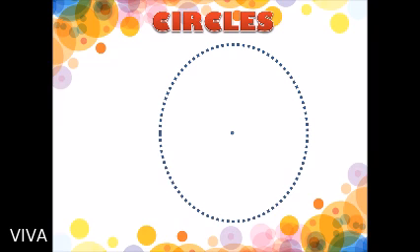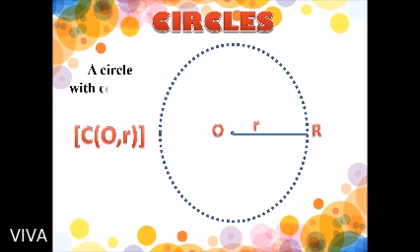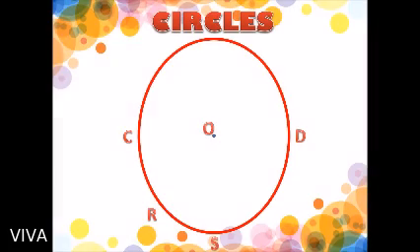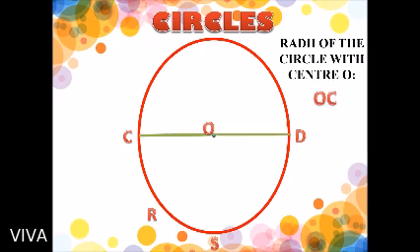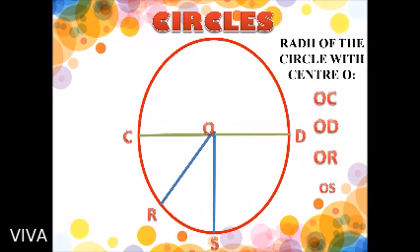Knowing the radius R and the center of the circle O, we can name a circle, which is read as a circle with center O and radius R. Hence, we have a circle with radii OC, OD, OR and OS.